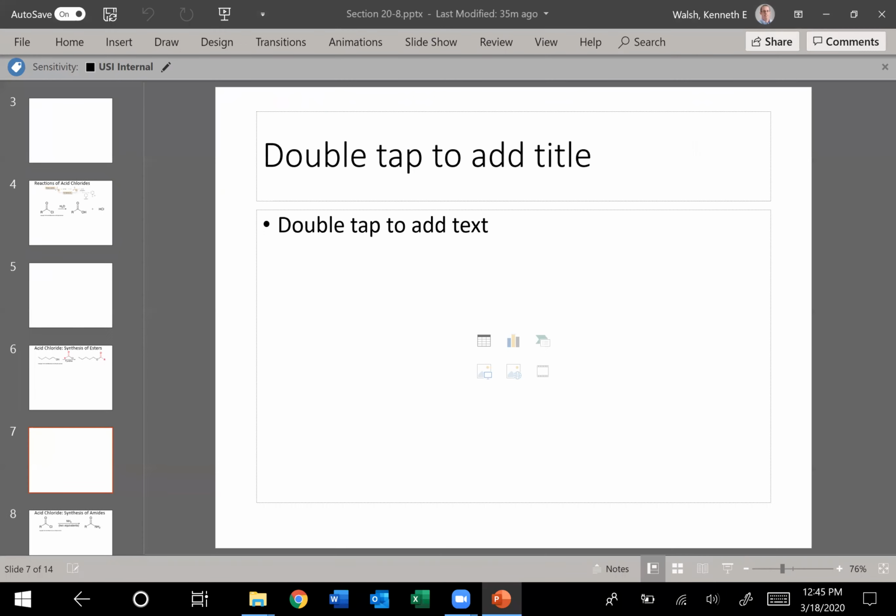We're going to take a look at question 21.7 during our office hour on Monday, hopefully. I'll finish there for this section, and I'll get ready to prepare section 20.9 for acid anhydrides. So let me escape out of this, discard my ink annotation, and stop the sharing and end the meeting.